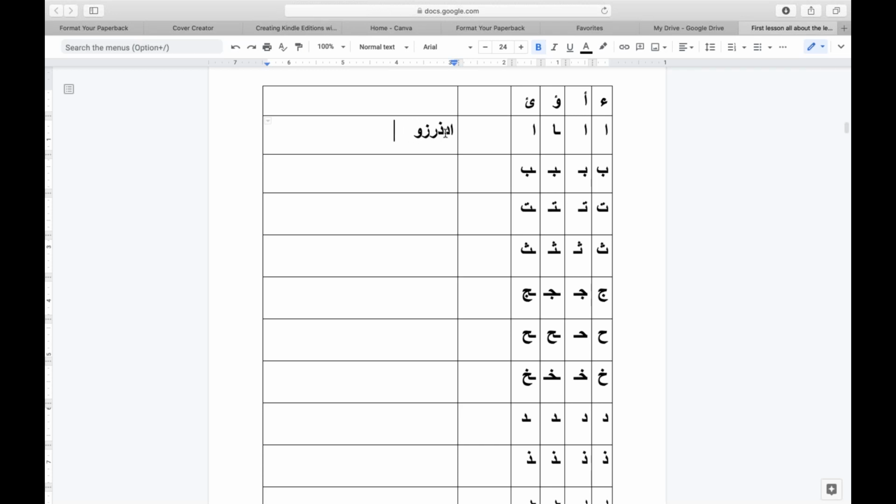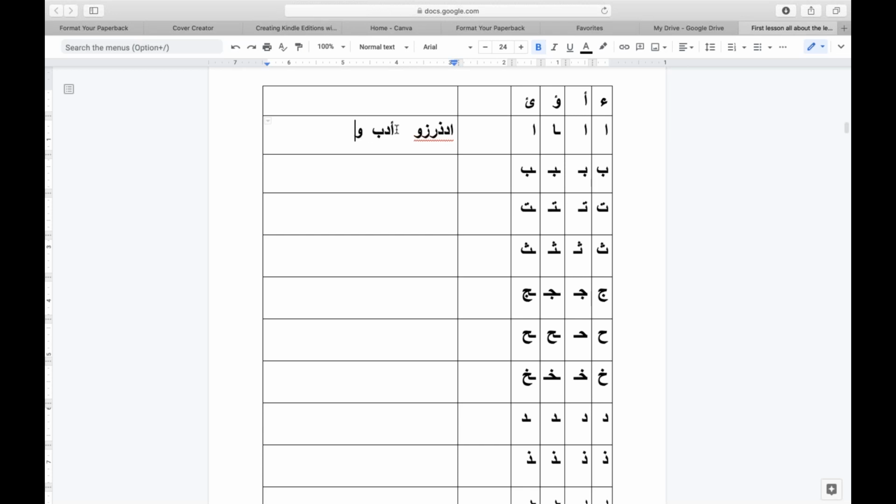So if we have the word adab, which means literature, okay? Adab. You see, Alif cannot attach to the Dal, and Dal too cannot attach to the letter coming after it. So you will see this word, the three letters, each letter written by itself, but it makes sense.